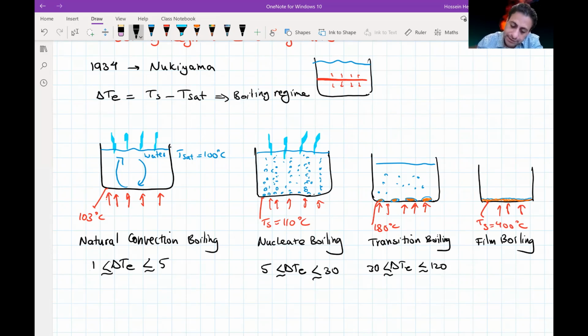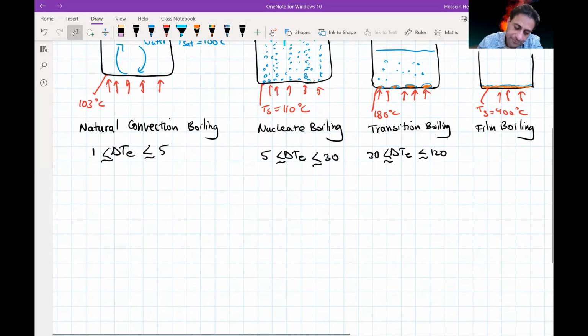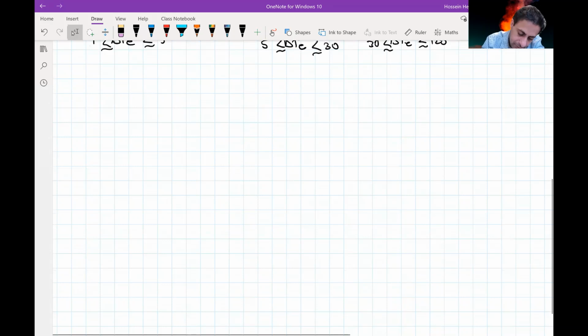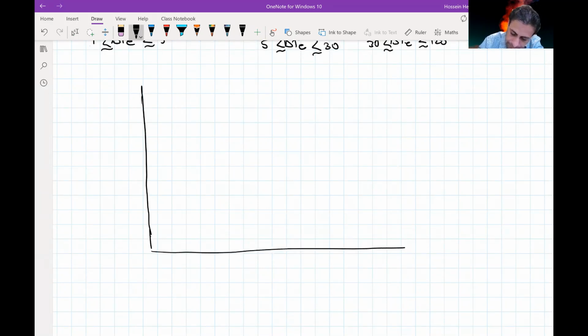Now, if we bring these regimes into a curve or plot, the flux that we are providing, let's say I make a plot of q double prime s in watts per meter squared versus delta T_e, the temperature difference Ts minus T_sat, starting from, let's say, 1 degree up to 5 degrees.